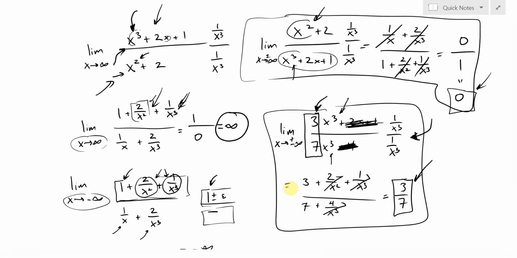So there are 3 cases here to keep in mind. What has the higher degree? The numerator, the denominator, or they have the same. Only in the case of the numerator having a higher degree, it's either going to be positive or negative infinity, and you should check. It depends on which limit you're taking. The limit as x goes to positive or negative infinity, and you need to think carefully about whether it's positive infinity or negative infinity.